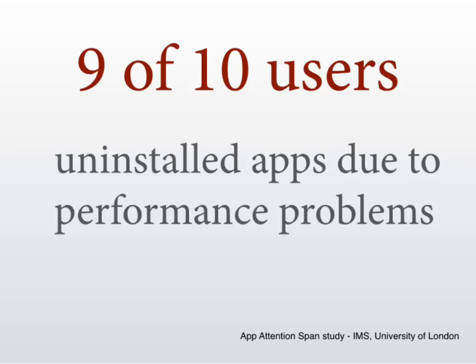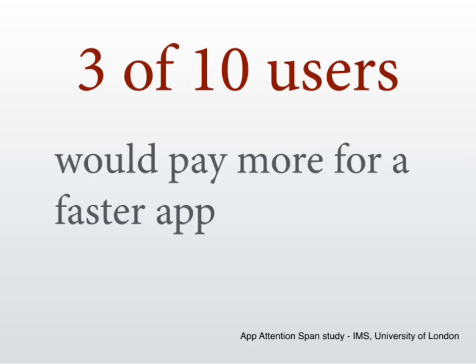Another piece of data from these reports is that 3 out of 10 users, or 30% of the users, would pay more money for a faster app. That means that if your app is slow, maybe the user is going somewhere else, even to a competitor that is charging more money than you for the same service. So 30% of the users are willing to pay more for a faster solution.